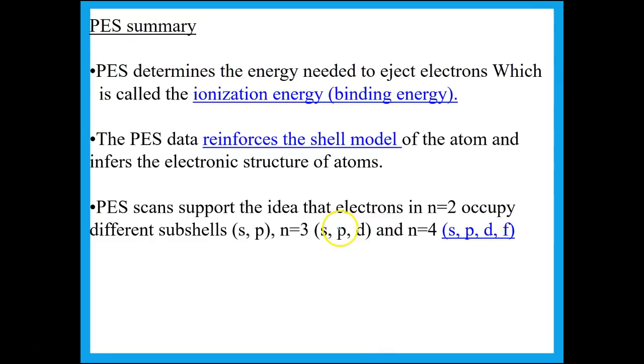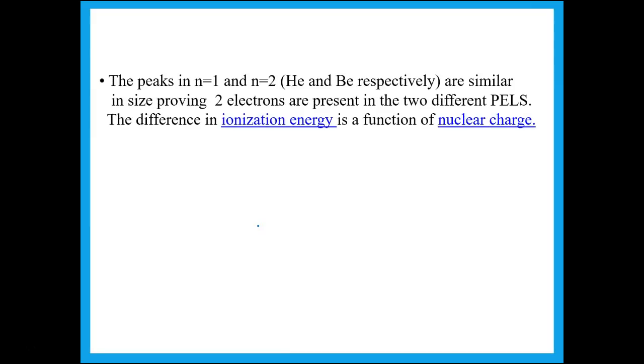So we clearly saw from the peaks that we could see the s and the p sublevel when we got to boron. We could see the difference there. And we know that the s's take a little more energy to get electrons away than the p's do, so they're a little bit more shielded than the p's are. Peaks in n equals 1 and n equals 2 are similar in size.